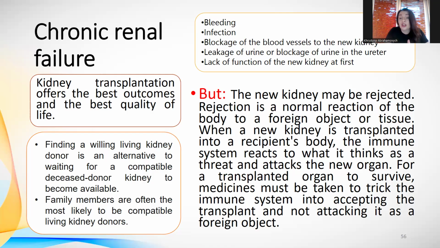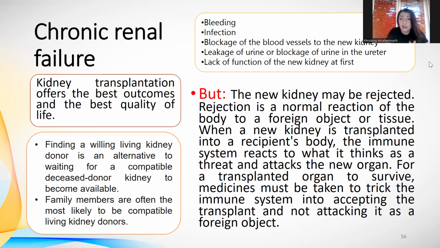First thing, rejection is an absolutely normal reaction of the organism. When a new kidney is transplanted into the recipient's body, the immune system reacts to what it thinks is a threat and attacks the new organ. That is why, to avoid this possible abnormal outcome, of course, some medications should be prescribed.